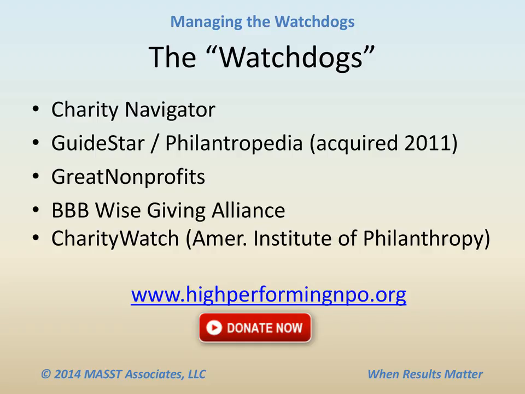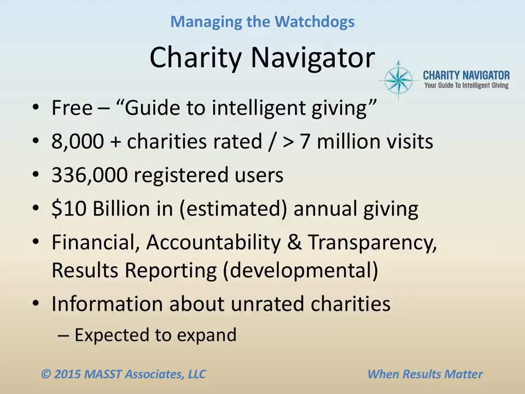and we'll take a look at that as we go along as well. Just so that you're aware of where we're going, we're going to really spend the majority of our time talking about Charity Navigator and GuideStar, and then we'll move rather quickly through the last three organizations that are listed there.